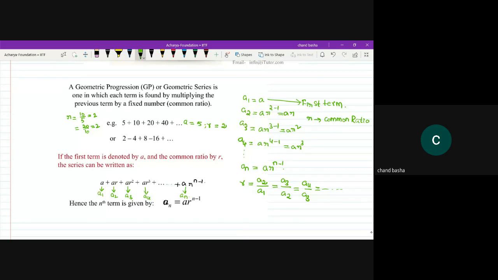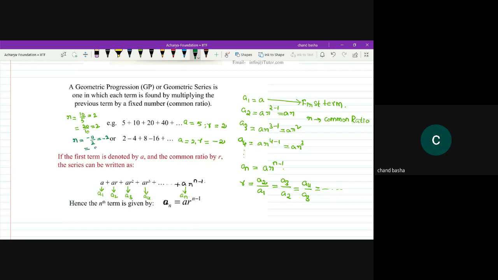Let us see another example, with alternating minus and plus signs. The first term is what? It is 2. The common ratio R is equal to how much? It is minus 2. Sir, can we have the common ratio as negative? Yes, obviously you can get a negative value also. The common ratio for the second term, second example, is minus 4 by 2, that is minus 2.